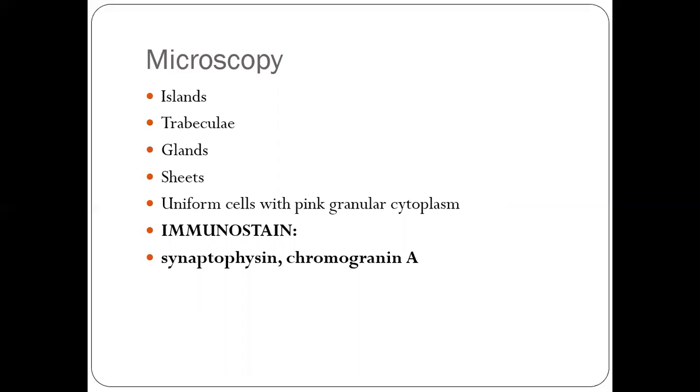Microscopically, there may be arrangement of cells in the form of islands, trabeculae, glands, or there may be sheets of tumor cells. The tumor cells are uniform. They don't show any marked pleomorphism like carcinomas or other malignant tumors.